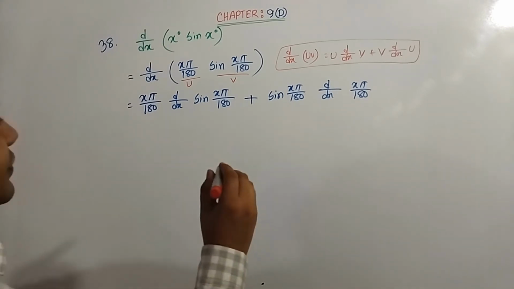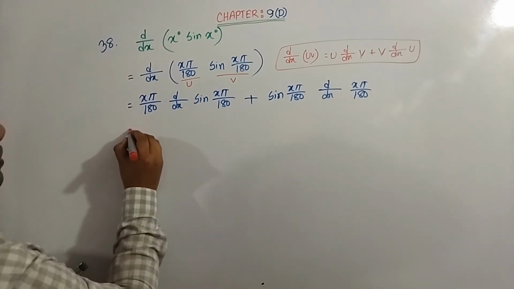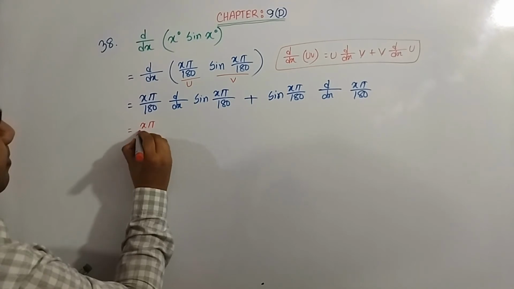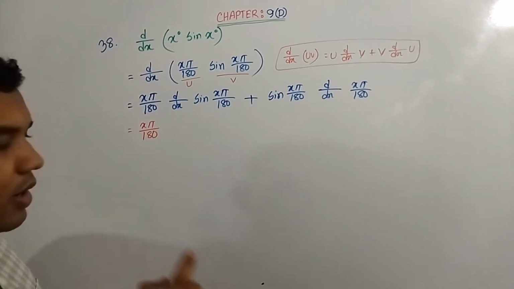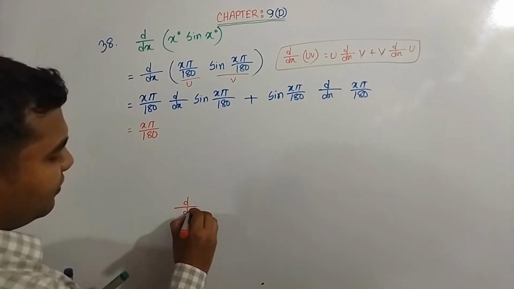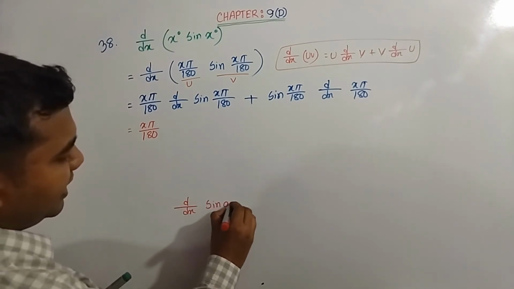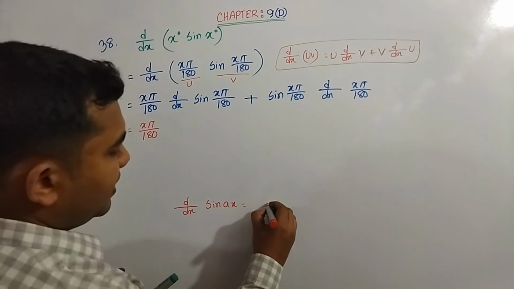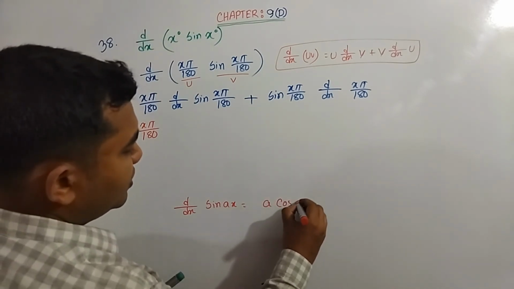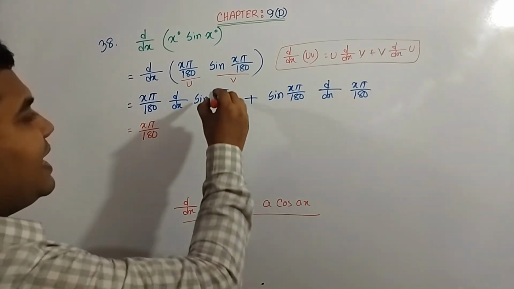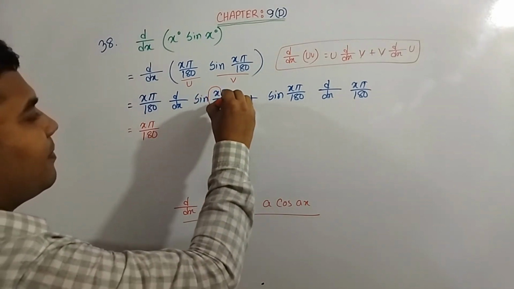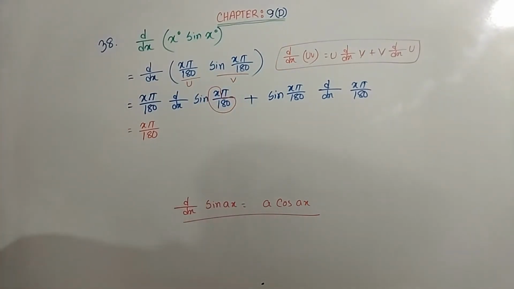we'll differentiate. Okay, so x pi by 180. Here I have already told you d/dx of sine ax can be a into cos ax. So what is the a here? a is pi by 180.